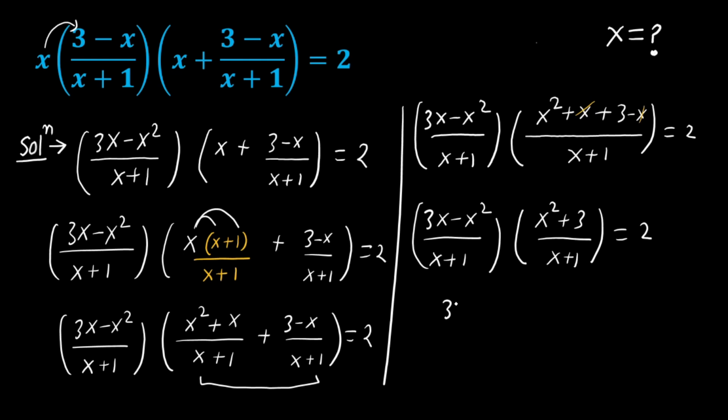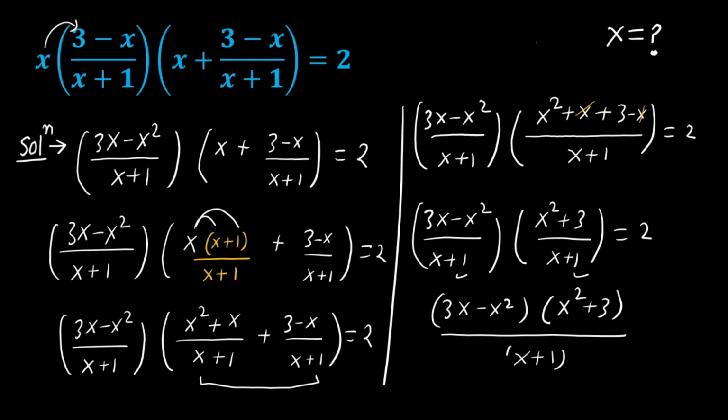Here (3x minus x square) is multiplied by (x square plus 3), and divided by x plus 1 multiplied by x plus 1, then here (x plus 1) whole square, this is equals to 2.